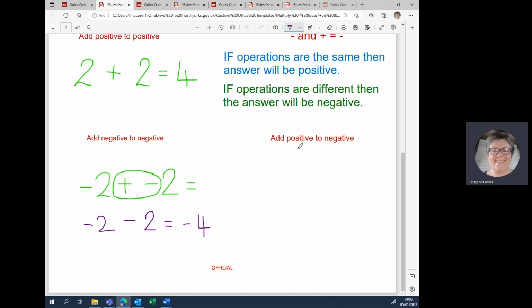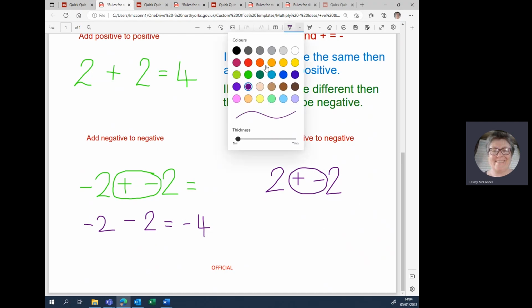Now if we add a positive to a negative, so I'm adding a 2, and I'm adding it to a -2. So you'll note this is a positive this time. It was a negative last time. It's now a positive, but we still have this scenario going on between the two 2's. Let's translate again.